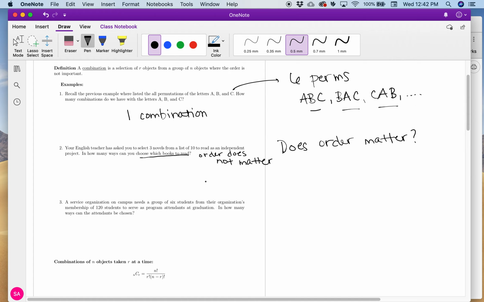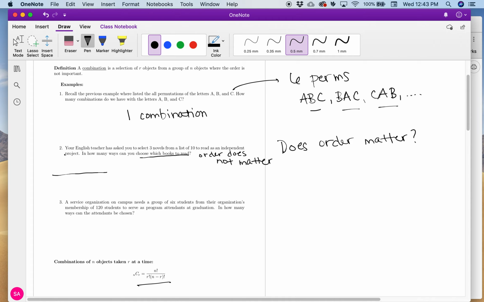So how can we figure out this value? There are 2 ways we can approach this. I'm going to start with the picture way, and then there's a formula, which is all the way down here, and we'll talk about that in a minute. So let's start with figuring out how many options we have for these books, on top, because we're going to have a fraction of some kind.